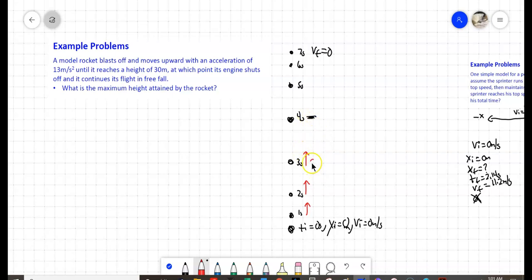And then at this point its acceleration vector is going to be in free fall, gravity pointing down at each one of these points. And the velocity vectors are pointing upwards, and it's moving upwards in the positive y direction the entire time.